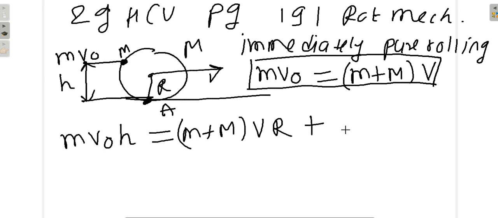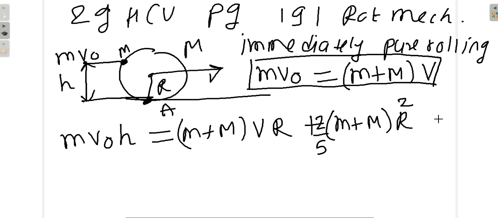And what about due to rotational motion? Due to rotational motion it will be 2 by 5 mr square. It is I into omega. Now you know, for pure rolling you can directly write omega as v upon r.